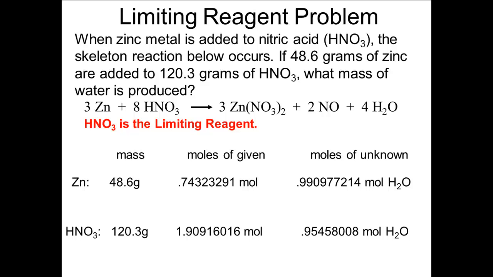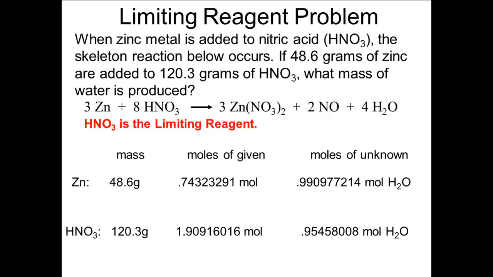So HNO3 is the limiting reagent. Despite the fact that there was a lower mass of zinc and that there were fewer moles of zinc, it was not the limiting reagent. So we should not try to decide which reactant is the limiting reagent until we can compare the moles of unknown produced after doing step 3 for all the givens.